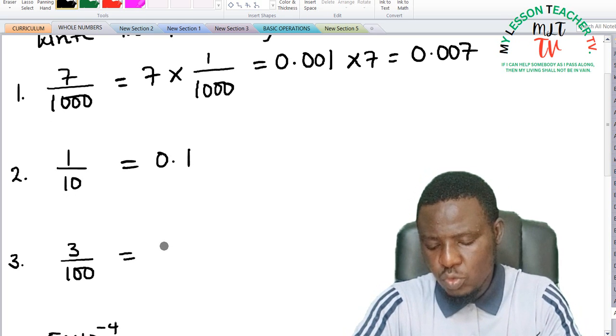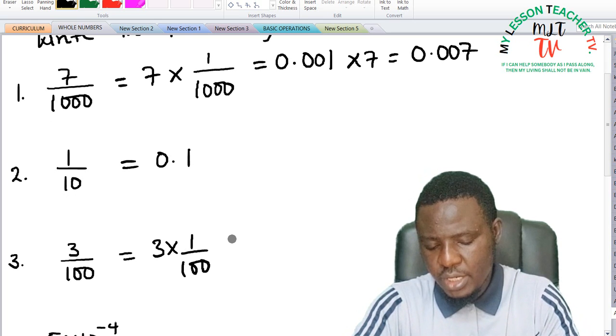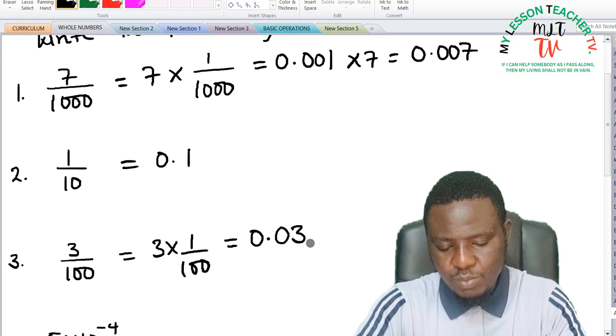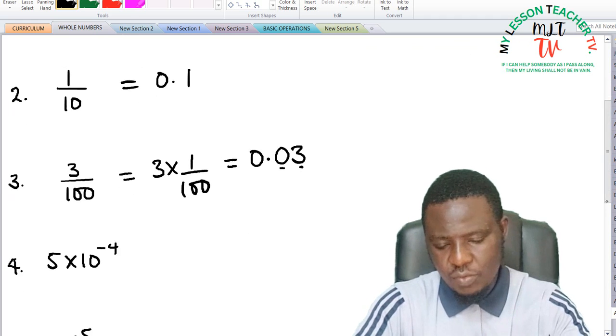So this is equal to 3 times 1 over 100. This is equal to 0.03, which is the 100th place value. This is the 10th place value. This is the 100th place value.